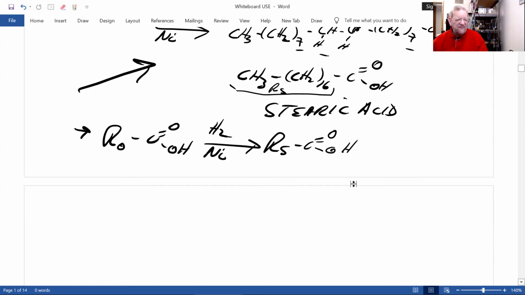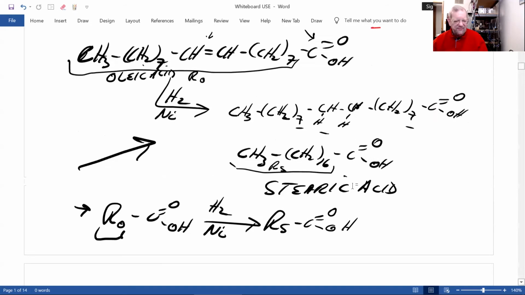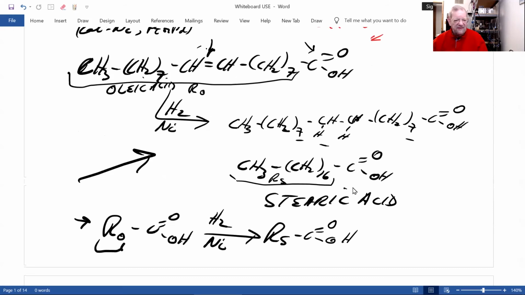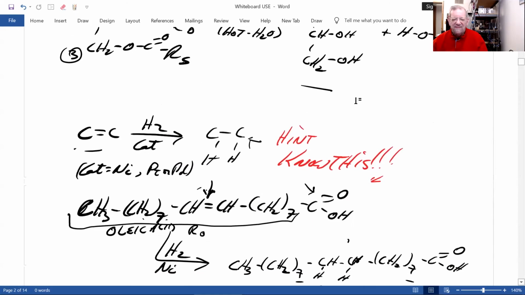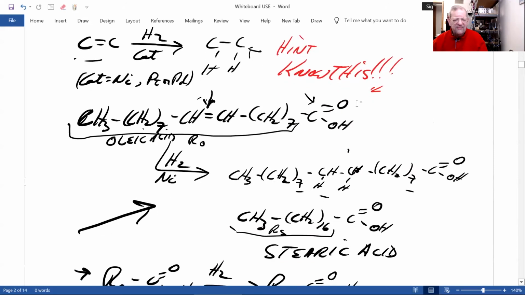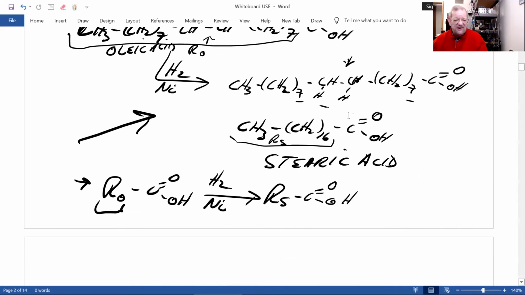So whenever you see an R sub O, the double bond, this right here, is hydrogenated and becomes a single bond, which we can abbreviate from stearic acid, this, which is really this, stearic acid.